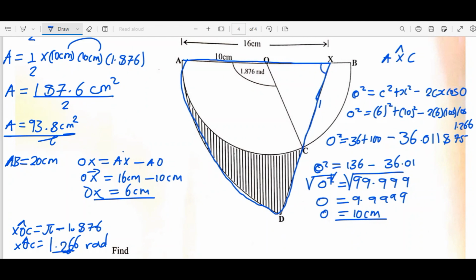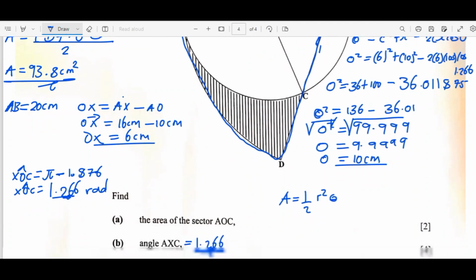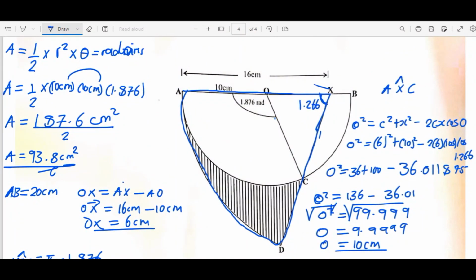So how can we find this area? We know that we have this angle here, it is 1.266. So let's find this area. We know that area is equal to half r squared times theta, where the radius for this one is this distance here, which is 16 centimeters.